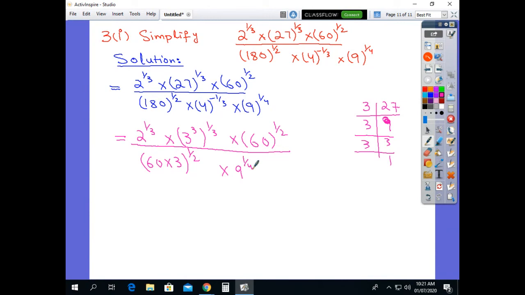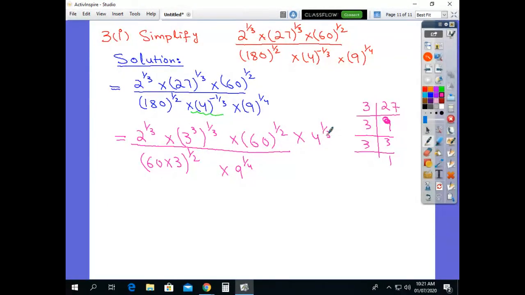But what do we do with 4 raised to power negative 1 by 3? We move it from the denominator to the numerator. When it goes to the numerator, its power becomes positive.